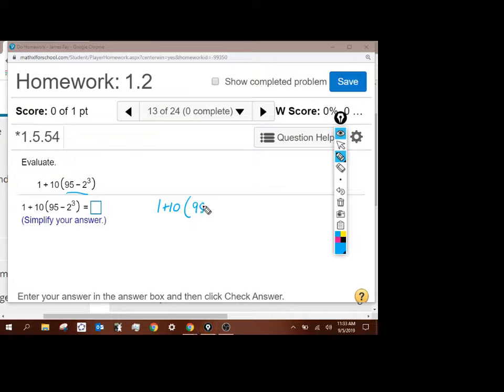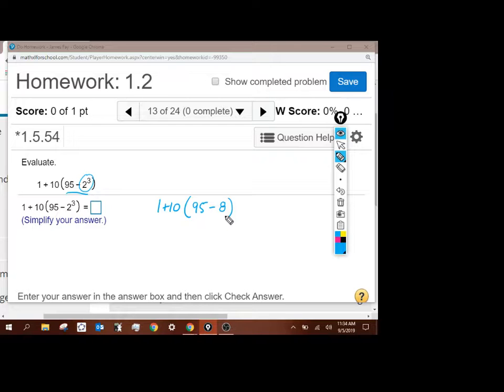Now it's 95 minus then what? 8, okay? So 2 to the third ends up being 8. Now I'm going to run through the order of operations again inside those parentheses because I'm not finished with them, right? So I've gone from parentheses, I've gone exponents, and now I'm going to go multiply, divide.